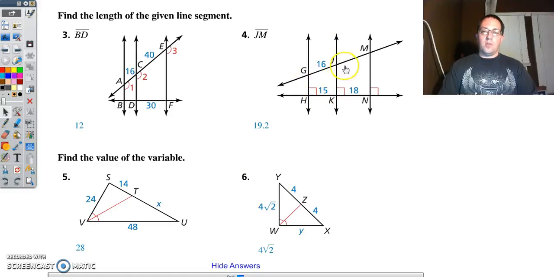So, for example, if we wanted to find GM, not JM, GM, it would be 16 over 15, and then all of GM, whatever that is, over all of HN, so all of 33. Make sure you keep that separate. Keep that straight, otherwise it's really a pretty simple thing.